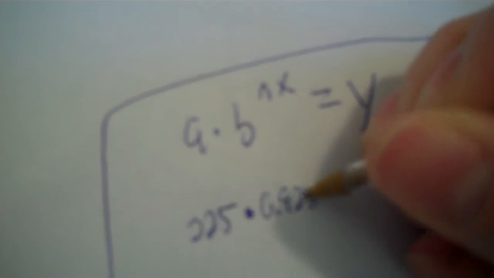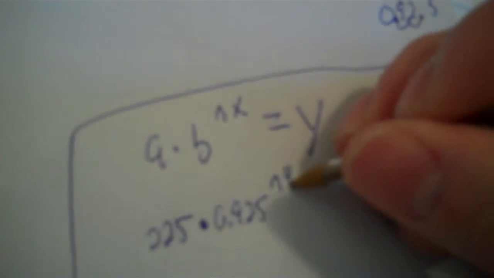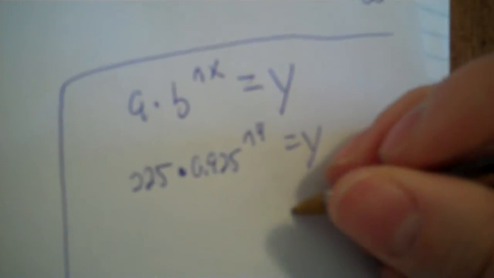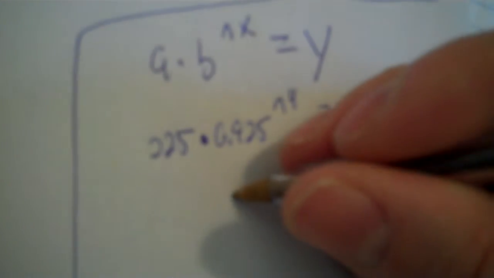Then my B value is my factor I'm multiplying by, which is 0.925 caret, and I'm going to substitute the 4 for the X equals Y. Okay. So 225 times 0.925 caret 4, and I get 164.72. If you want to go 165 and just cap it at a whole number, you can do that.